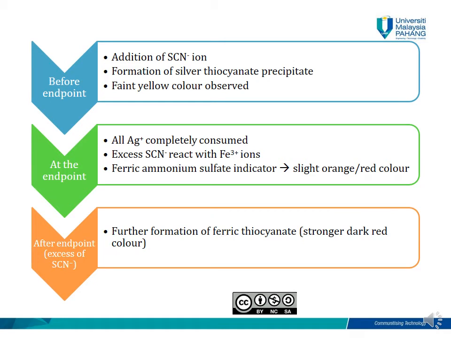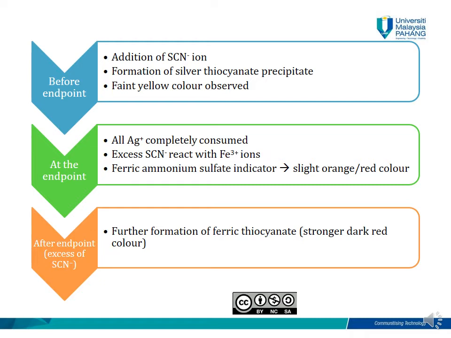Okay, so this is the observation for the Volhard method. Before the endpoint, you add thiocyanate ion and the silver thiocyanate precipitate will be formed, and you can see clearly a faint yellow color. At the endpoint, the silver ion is completely consumed, and the excess thiocyanate will react with the iron 3 plus.